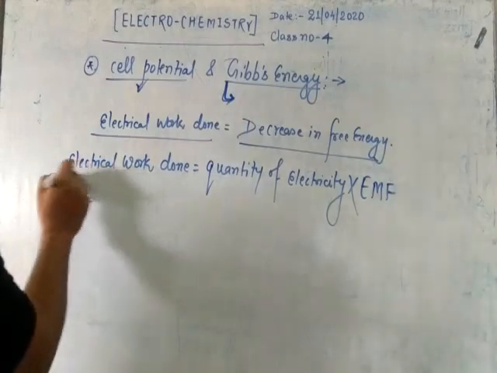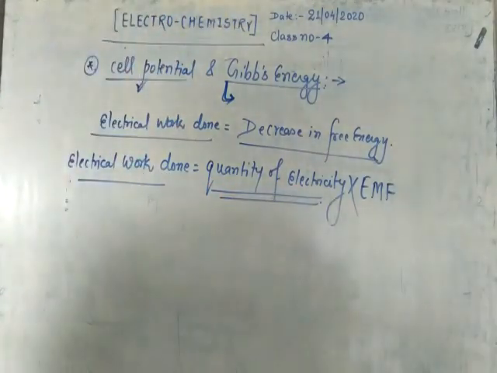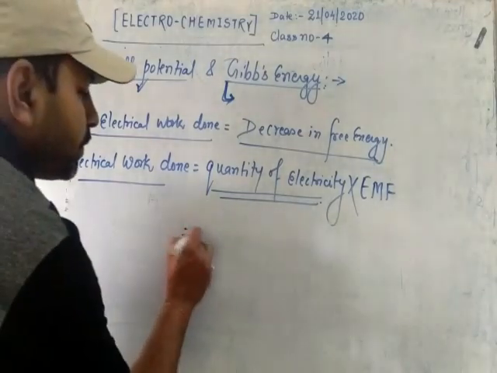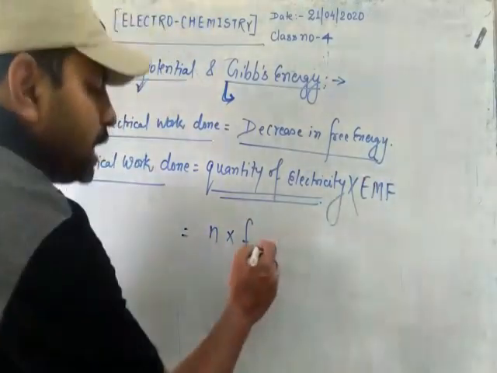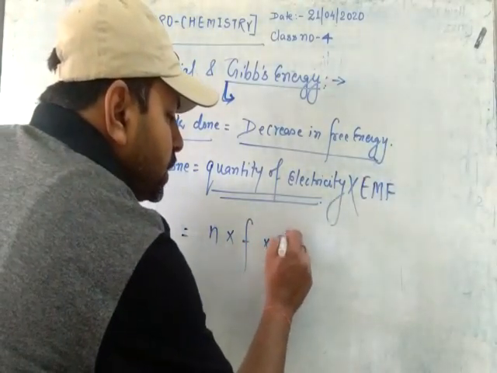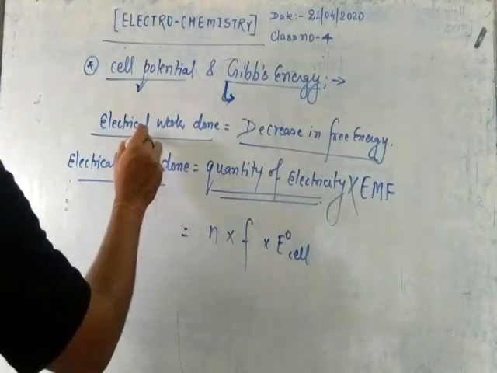So students, electrical work done is the quantity of electricity. What is the quantity of electricity? The quantity of electricity is nF, and EMF is E0 cell.